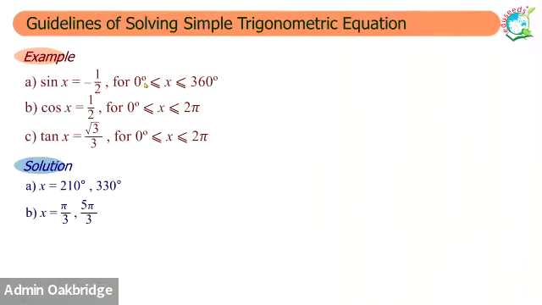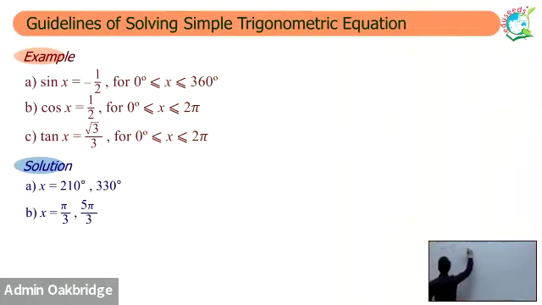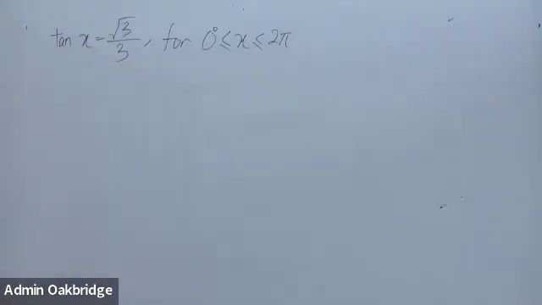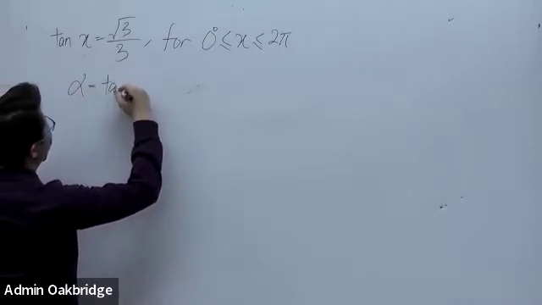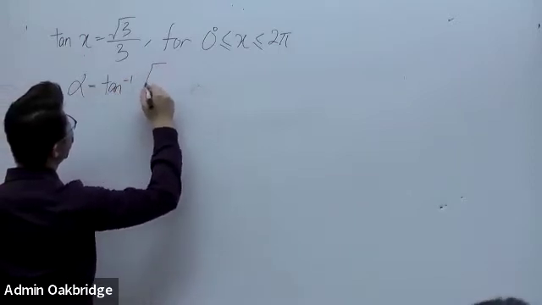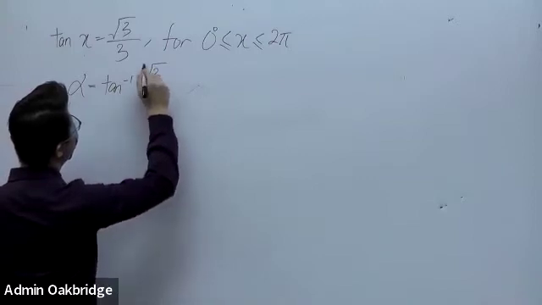Okay, now the last one, tangent, for x more than or equal to 0 and less than or equal to 2 pi. Again, the angles in radian. Our first step, always find out the basic angle. Take the inverse tangent of square root 3 over 3.